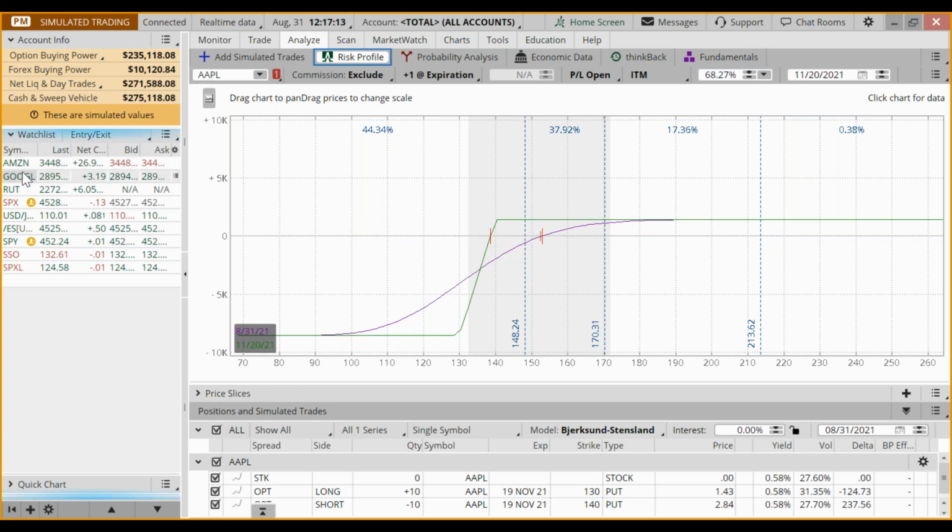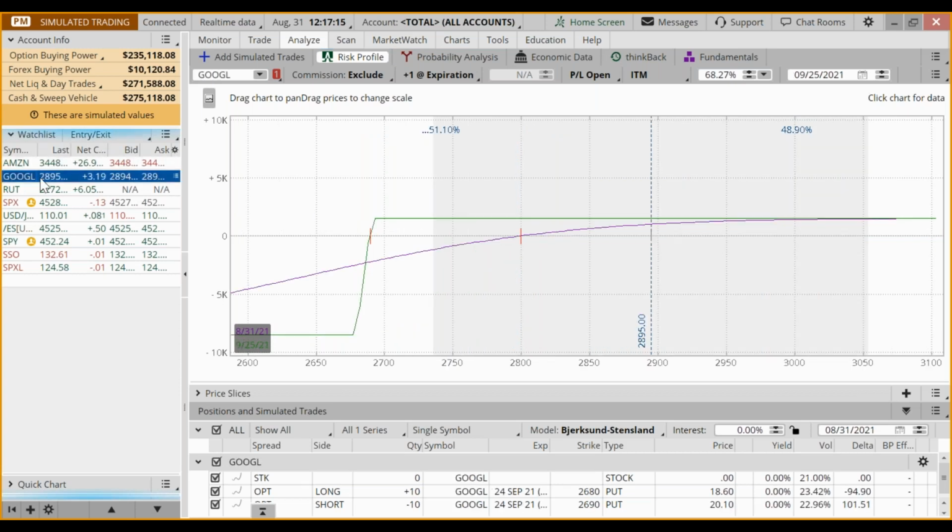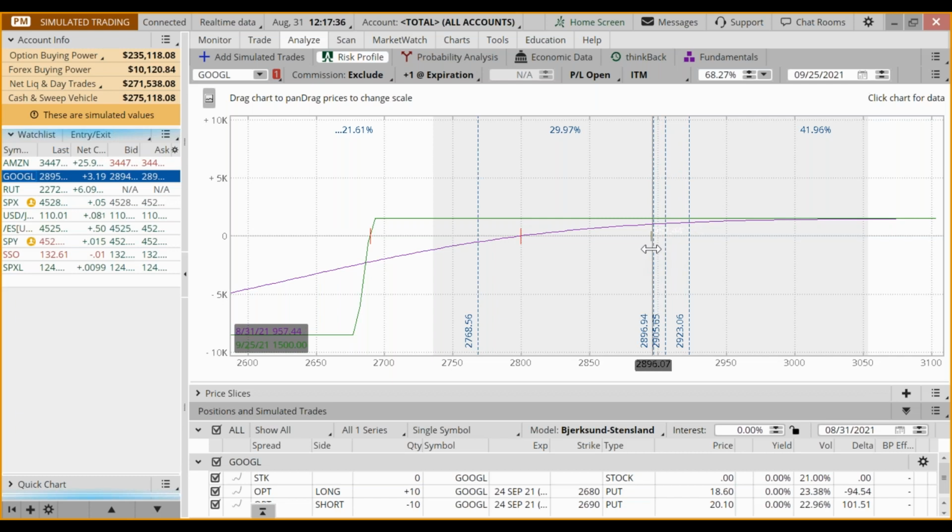We have Apple. Let's just take a peek at Google. Google, let's see, 6% of Google would be right about there. You can see where we're at on Google. Here's the black hash mark.